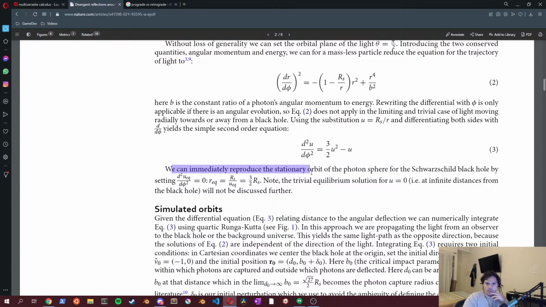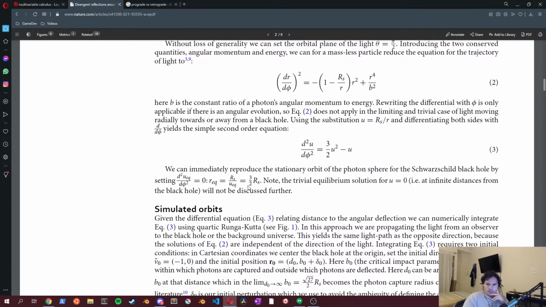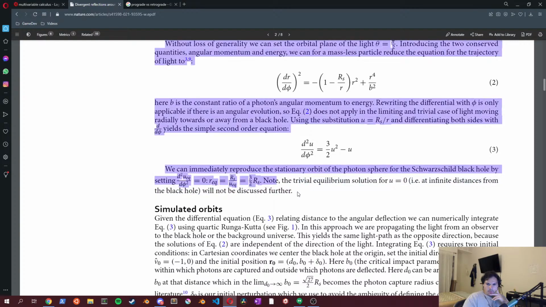We can immediately reproduce the stationary orbit of the photon sphere for a black hole by setting d squared u, presumably equilibrium, d phi to 0, and r equilibrium to the Schwarzschild radius over this u equilibrium, which is 3/2 Schwarzschild radius. Note the trivial equilibrium solution for u equals 0 at infinite distances from the black hole will not be discussed further.